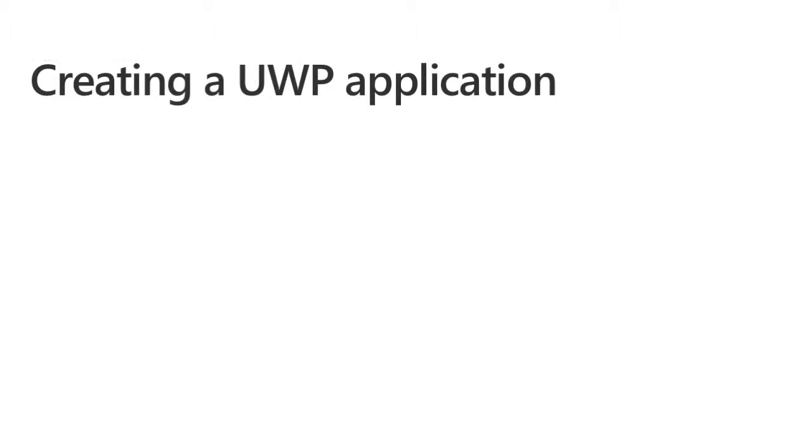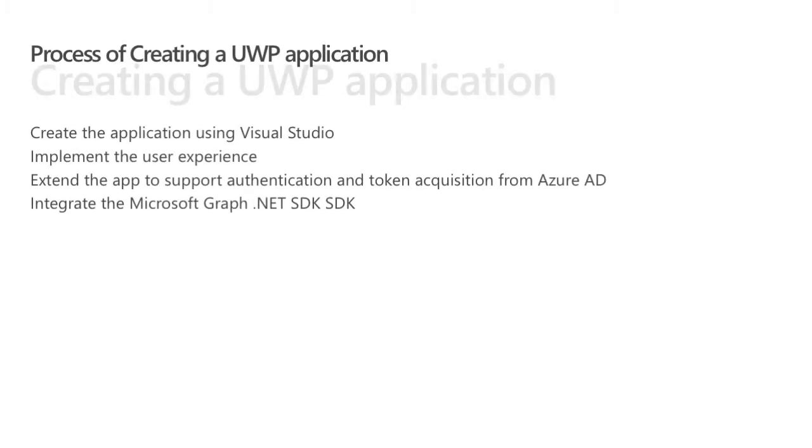So let's look at the story about what is involved in creating a UWP application. Well, it's a lot like what you do when you create any other kind of native application. You're going to first create the application, and in this case, we're going to use Visual Studio. And then we're going to implement the user experience.